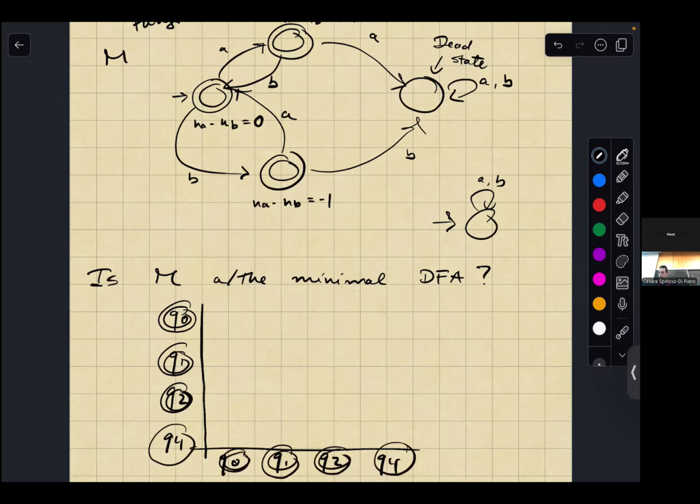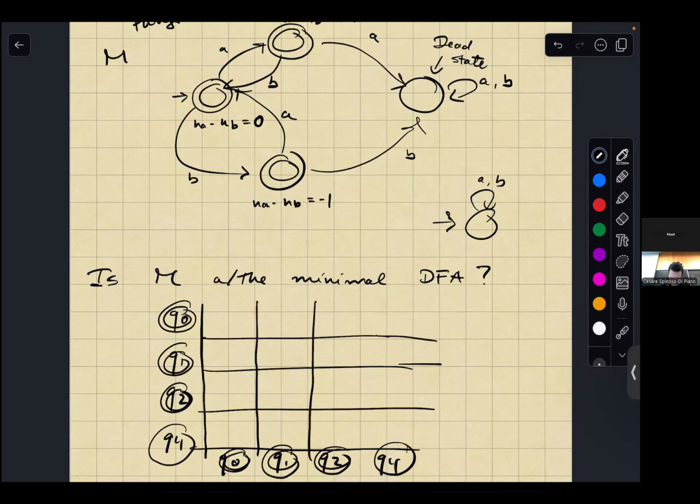Okay, so then I make my table, and now I need to consider the distinguishability of states. Remember, when doing the minimization algorithm, you don't actually care about the entire table.